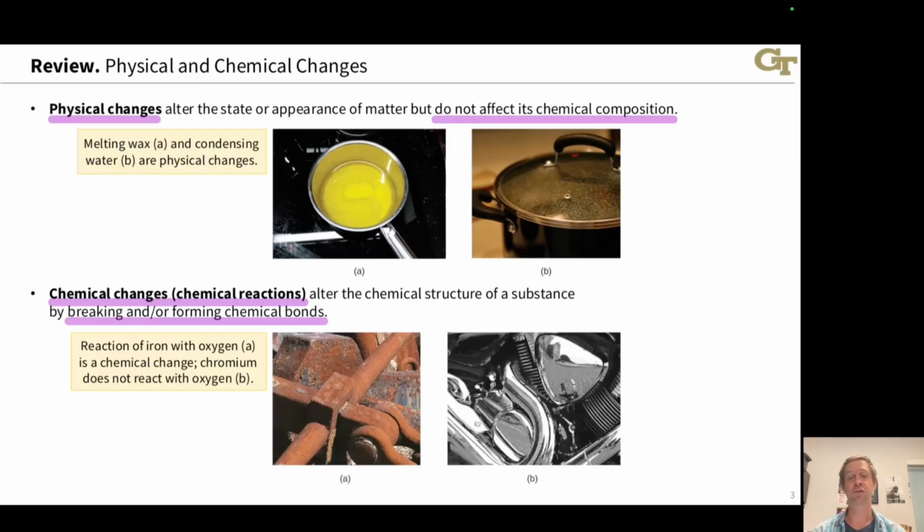The iron and oxygen are forming bonds to form the iron oxide product. Chromium, by contrast, does not react with oxygen, and this is an example of a chemical property. There's no change occurring, but the lack of reaction with oxygen is a chemical property, and here, as above with physical changes, chemical changes are associated with chemical properties, like whether a metal rusts or not.